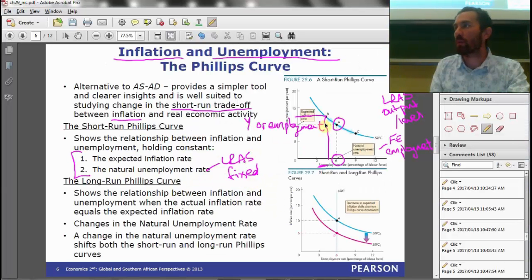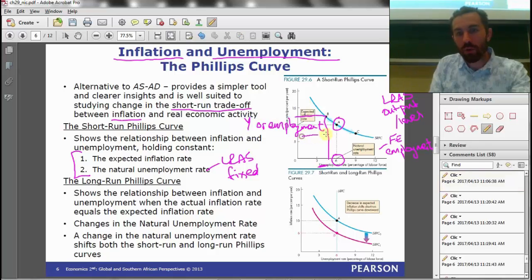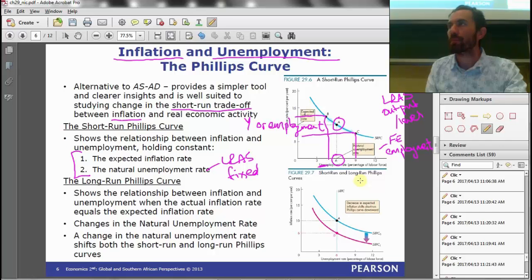Everyone happy with what I've drawn here? Okay? That would be a movement from point A to point B. What about a movement from point A to point C? What does point C have? Well, point C has lower inflation but higher unemployment. How does that happen?